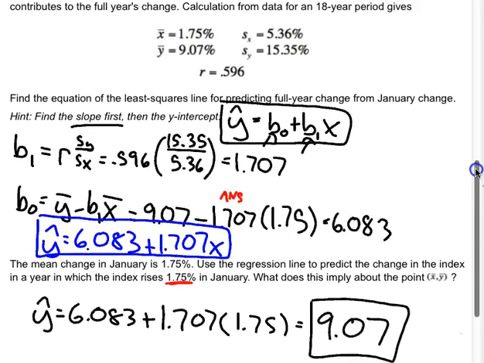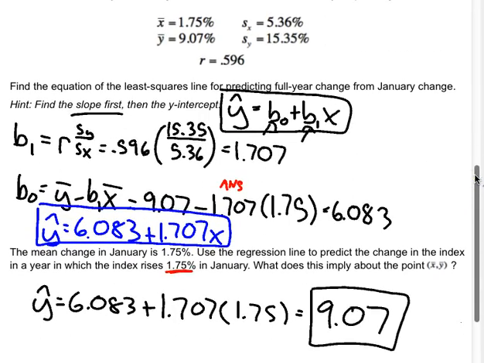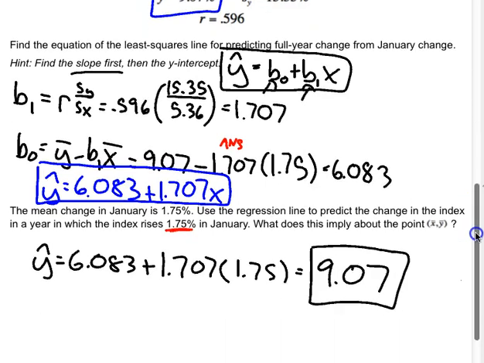Now, that number should be kind of familiar to you. So basically, what this is trying to show you is that when January changes by its mean, the year changes by its mean. So what is that saying?